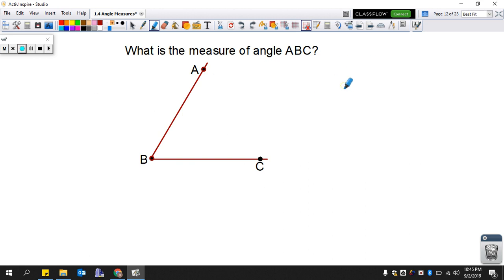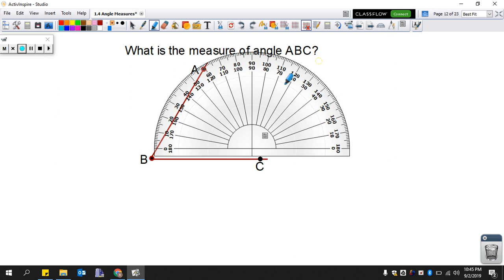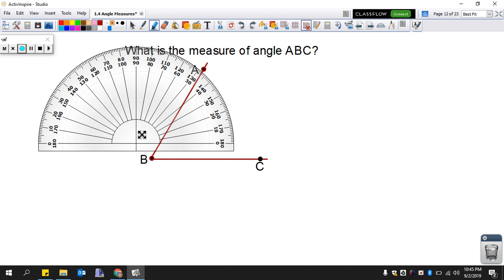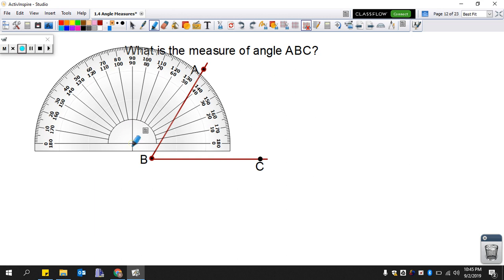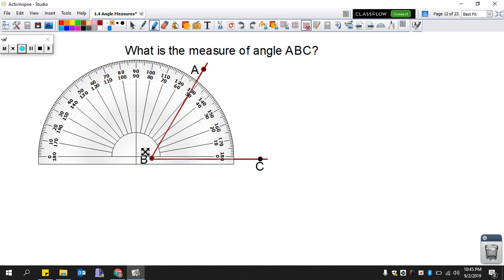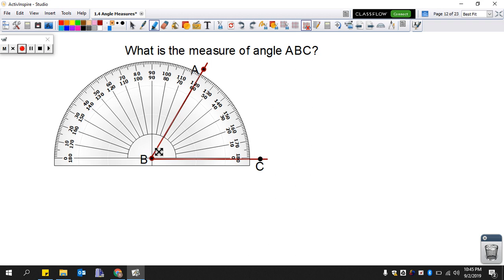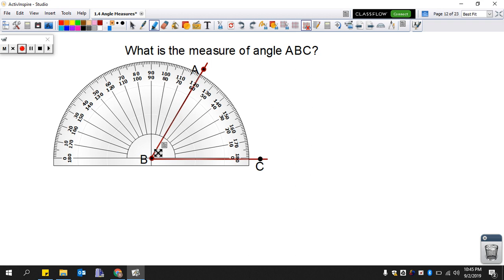So using a protractor to measure angle ABC, we take this protractor and move it over to where this center part is exactly on the vertex, and the baseline of the protractor goes out along one of the sides of the angle.